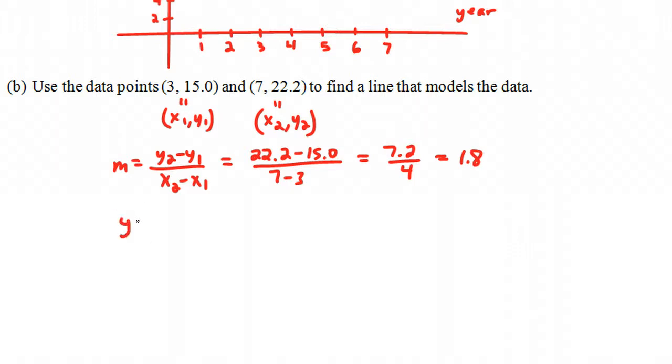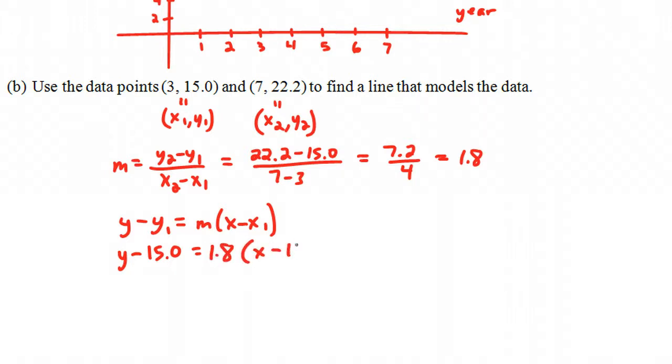Now to find the equation of the line, we'll use the point slope formula: y minus y1 equals m times x minus x1. Y1 was 15, m is 1.8, and x1 is 3. So y minus 15 equals 1.8 times x minus 3. Distributing the 1.8, we have 1.8x minus 3 times 1.8, which is 5.4.